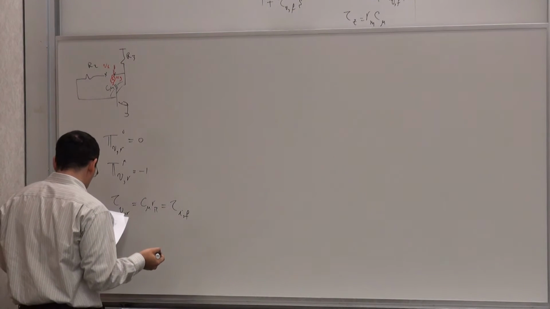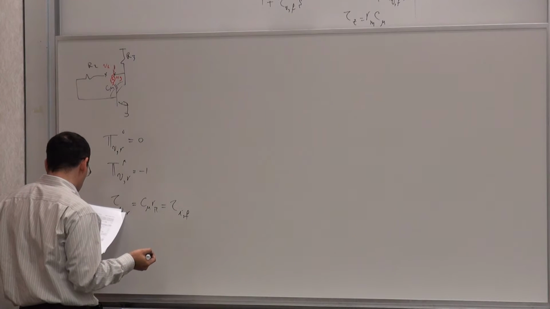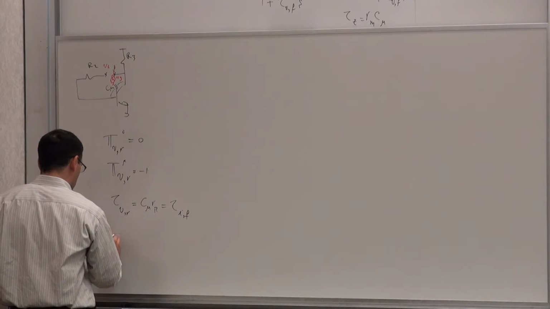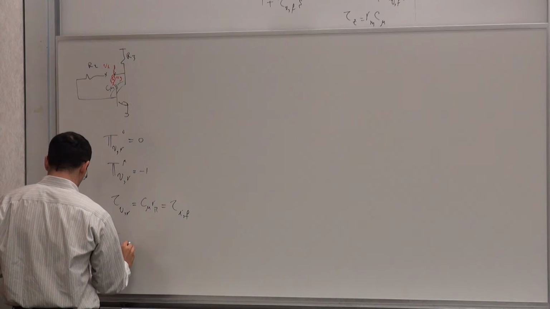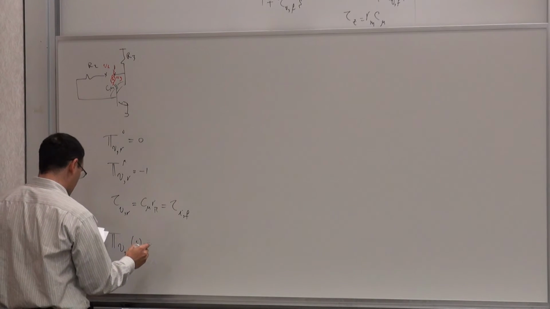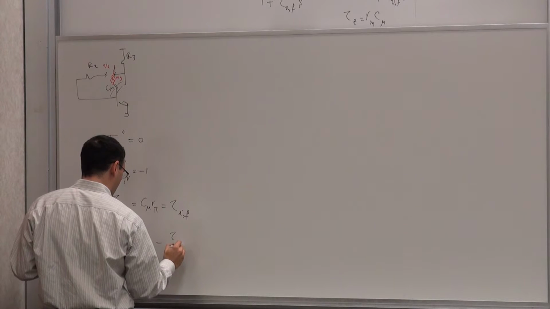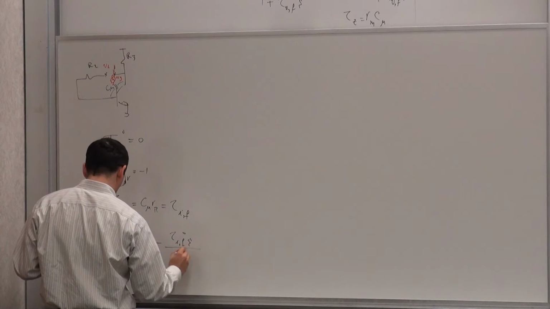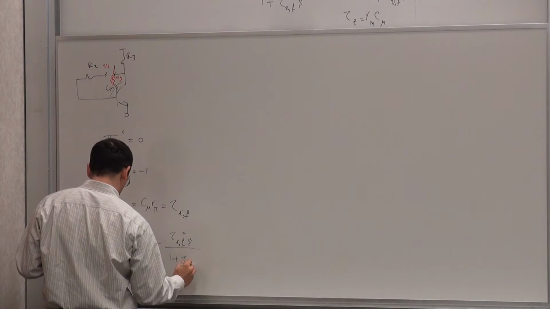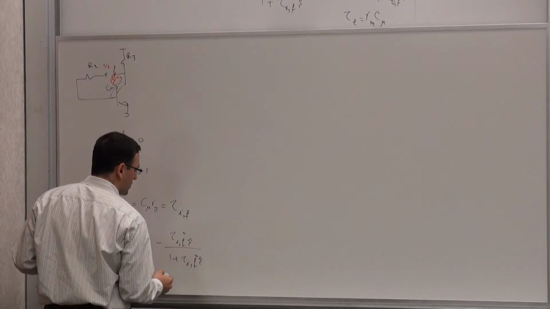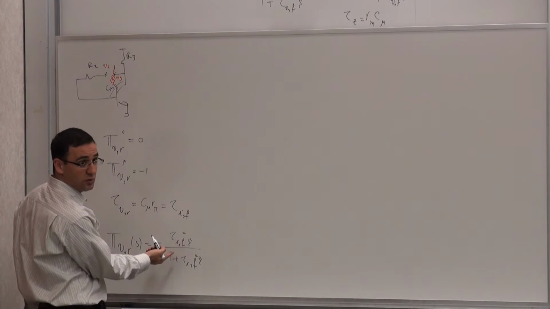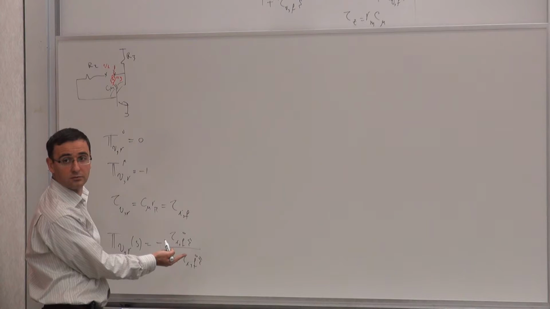So now you can basically calculate the reverse voltage gain, T_V reverse of S, and since this term is 0, it becomes minus tau_IF0 S over 1 plus tau_IF0 S. So which makes sense. This is a transfer function which goes to 0 at low frequencies.